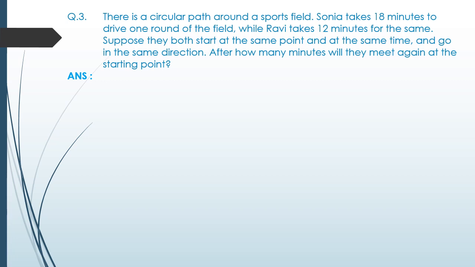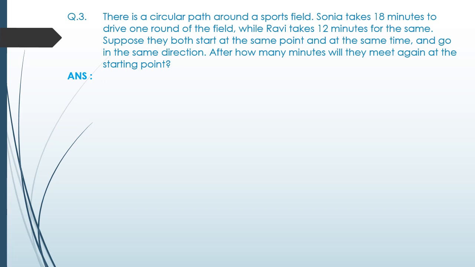As the answer we are going to get is greater than the given time, we have to find the LCM of the given two numbers, because LCM will give us the answer which is greater than or equal to the given numbers. Obviously mostly greater, and sometimes it may be the greater number between the given two.